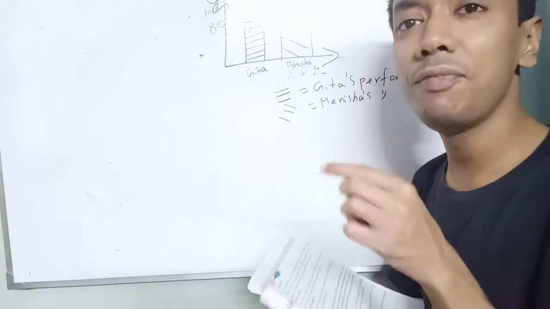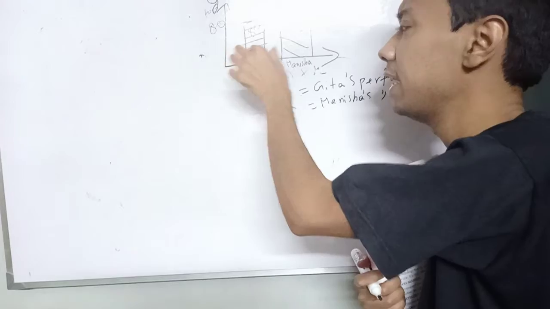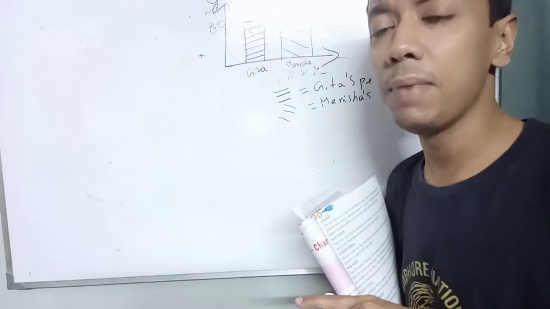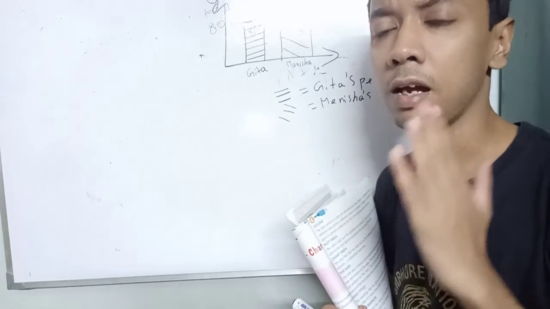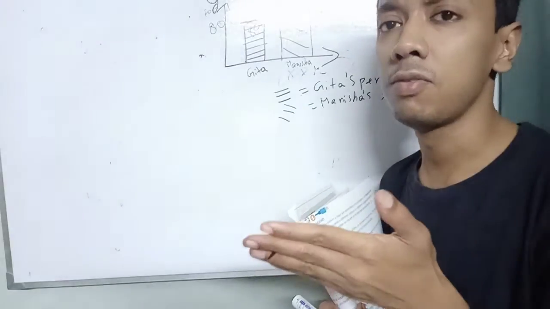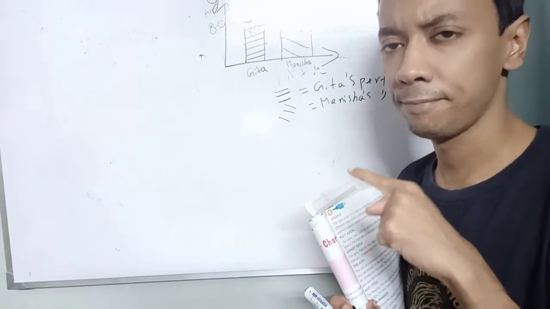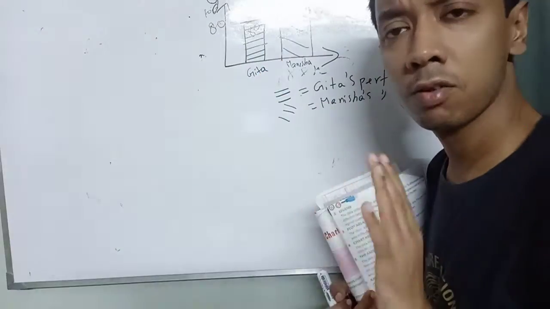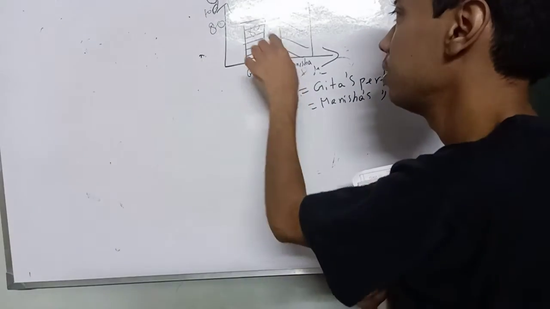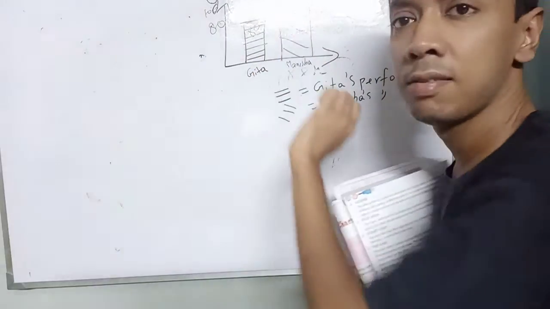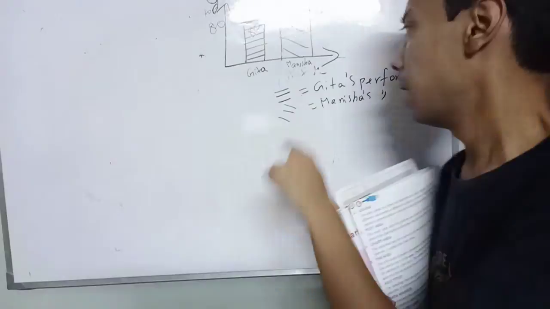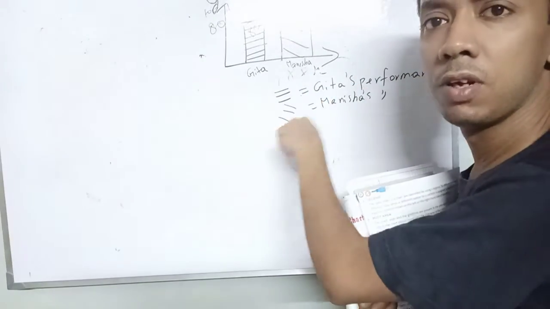So Geeta is a data series, Manisha is a data series. How can I make each data series look separate, showing this is for Geeta and this is for Manisha? For Geeta, I have drawn straight lines to show the marks of Geeta in math. And this one, the zigzag, I have drawn for Manisha's marks. So I have written here: this one is for Geeta, this one is for Manisha.